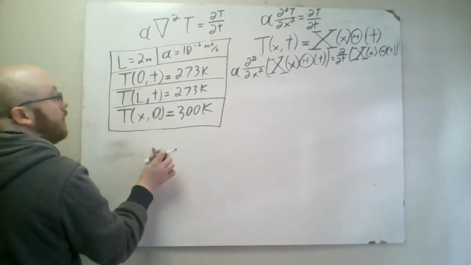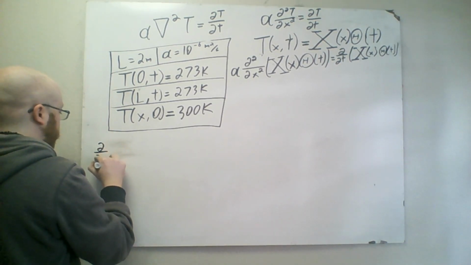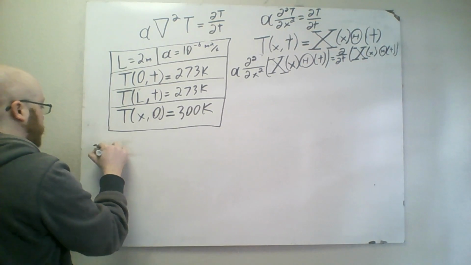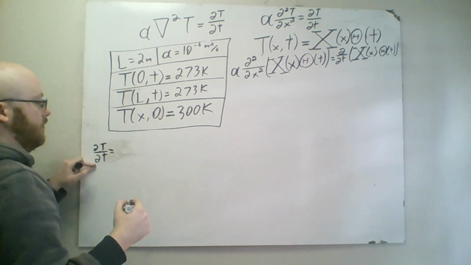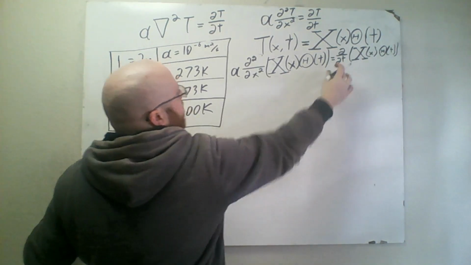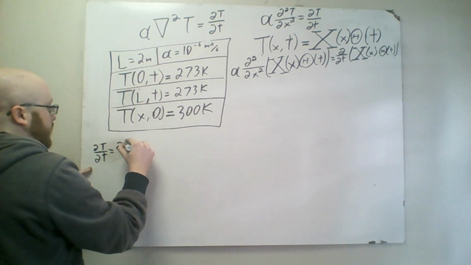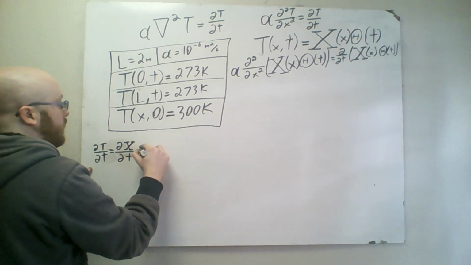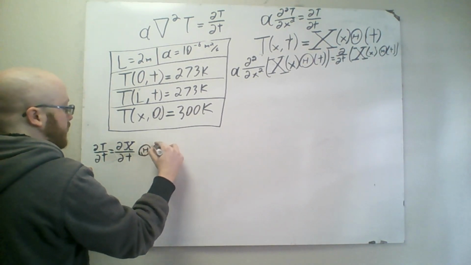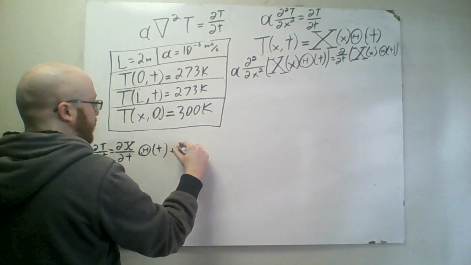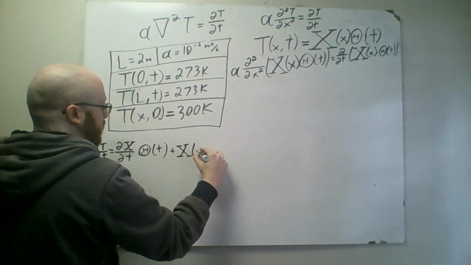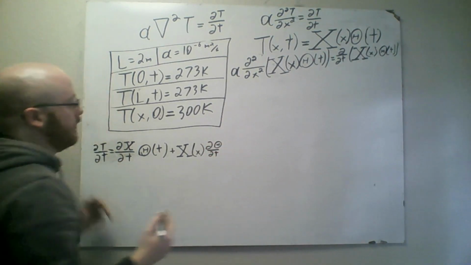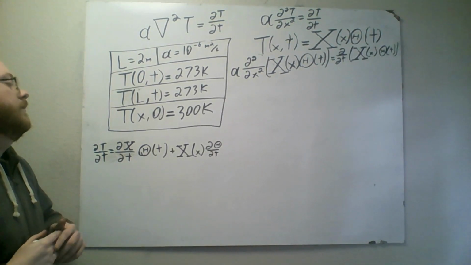So the derivative of temperature with respect to time is equal to this guy up here, which by the product rule is dX/dt times theta T plus X times d theta T. Okay, but notice something real quick.